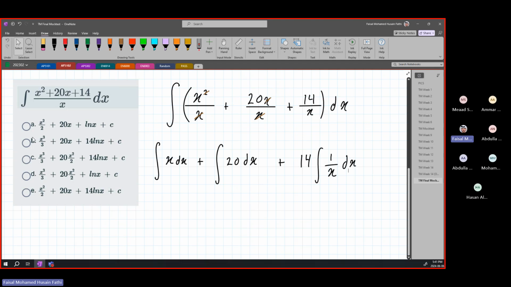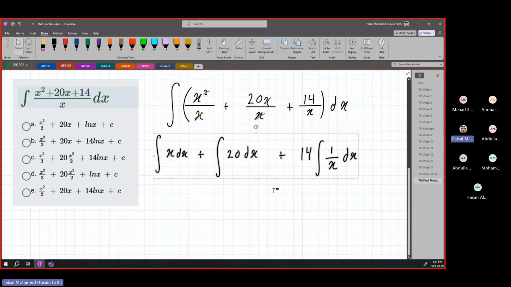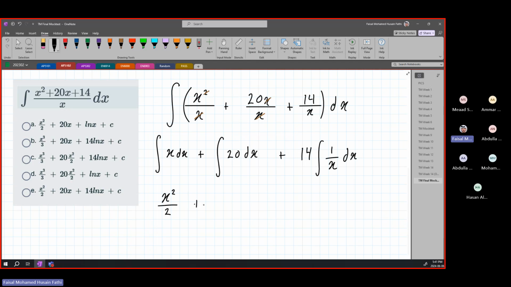You don't have to do it this way. You can do it directly if you know how, but this is just to explain the concept: you can do the integration of each one by itself. So the integration of x is x squared over 2, plus the integration of a constant, which is just the constant times x, so 20 times x, and then plus 14 times the integration of 1 over x, which is ln of the absolute value of x, plus c.